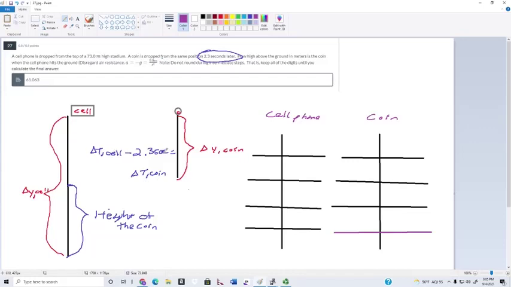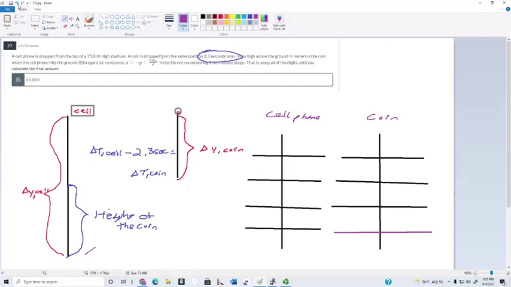So by subtracting this number from the time it takes for the cell phone to hit the ground, you would have the delta t of the coin that you're going to need for the coin table over here. That's how much time the coin has been dropping before the cell phone hit the ground. I hope that makes sense.